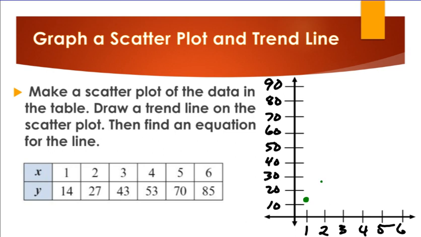2, 27, roughly here. 3, 43, see around here. 4, 53, here. 5, 70, 6, 85. So that one's fairly close to a straight line.